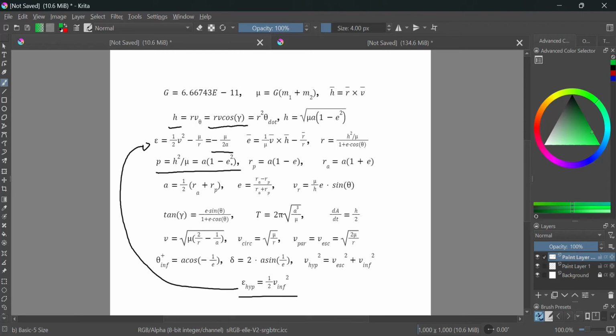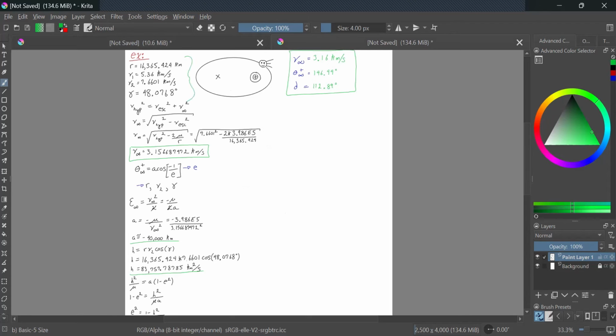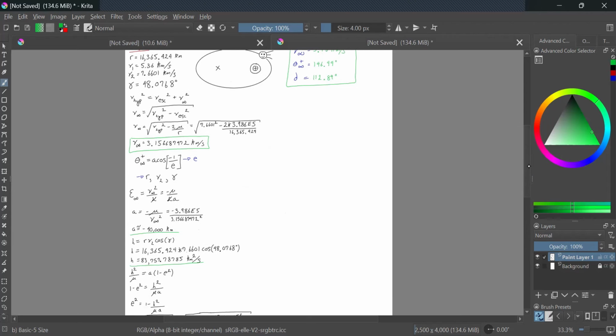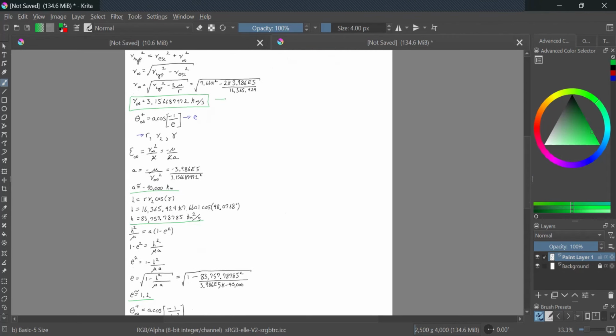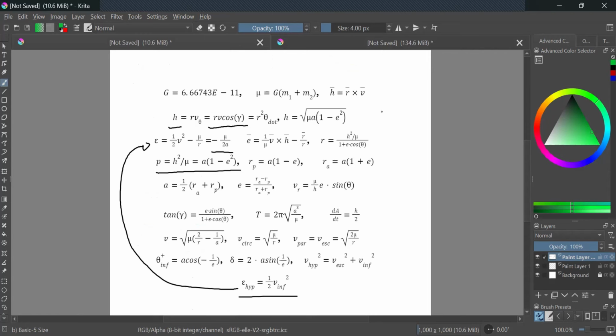That's very important. So with minimal input, we were able to solve for all of these equations. And similarly, here, we were given minimal input. But in all that time, we found our hyperbolic excess speed, our semi-major axis, our angular momentum, our eccentricity. And if we wanted to, we could solve for everything else in this equation sheet, just about.